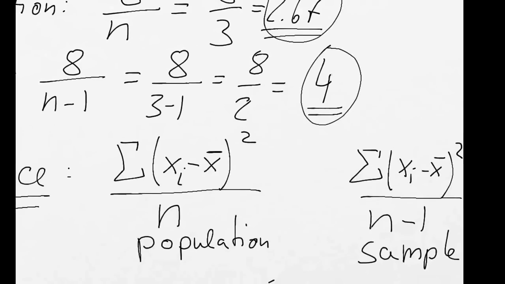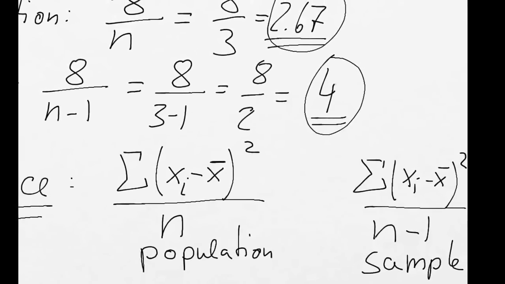We simply take the square root of the variance, and that gives us a much nicer number.